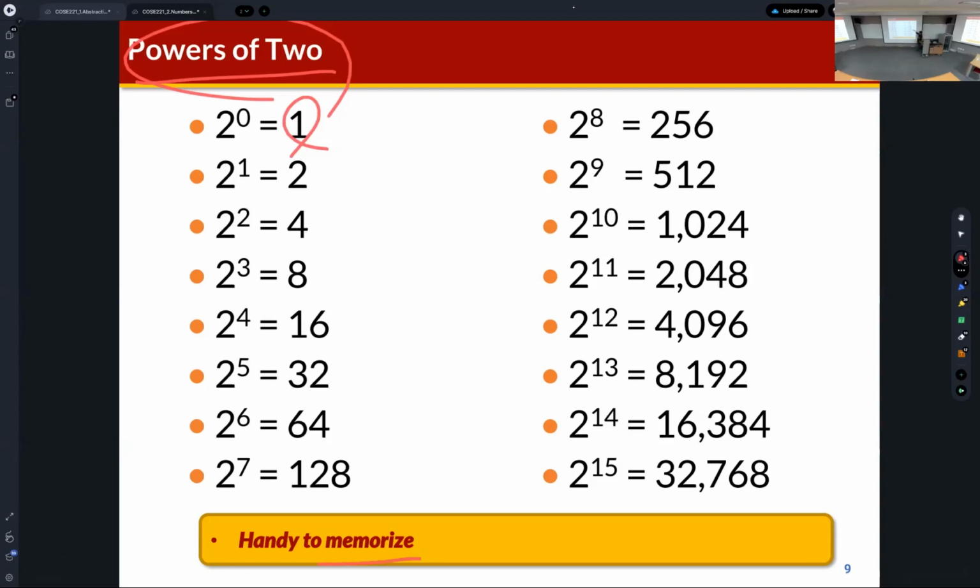I believe you can memorize them easily because we frequently use these numbers: 1, 2, 4, 8, and then 1024, and 2048, like this.